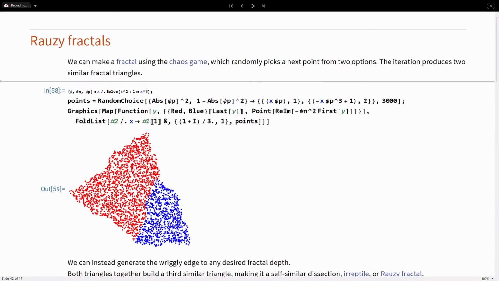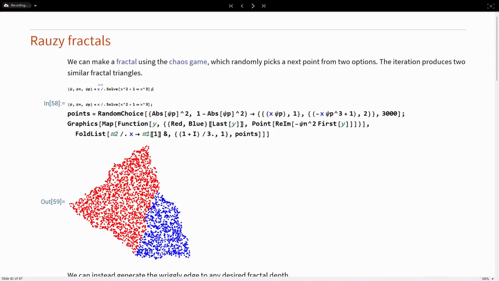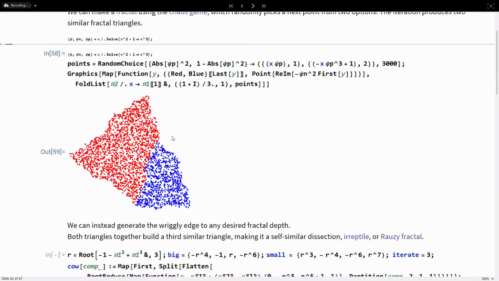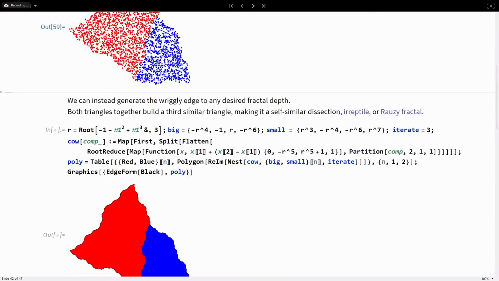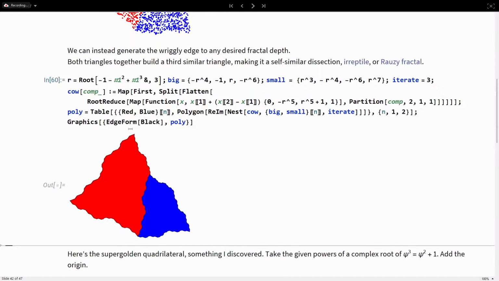Let me make this larger here. This is the super golden ratio here. Let's see if I can make that larger. And it doesn't want to expand immediately. So we can replicate this by using these values here, and we get this wriggly polygon.